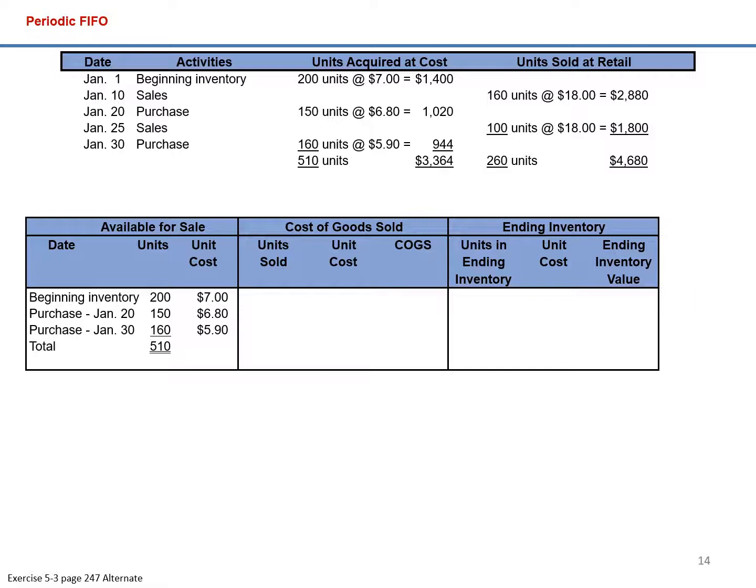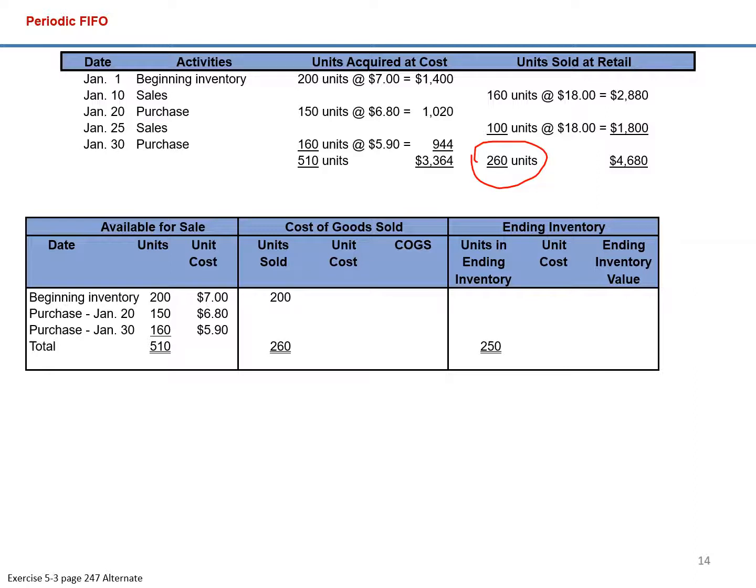All right, under periodic FIFO, we know we have 260 units left in ending inventory, or I'm sorry, in cost of goods sold. We know we have 250 left in ending inventory. 510 minus 260 equals 250. They tell us if we sold 260 units, we're going to sell all of our beginning inventory first, FIFO.